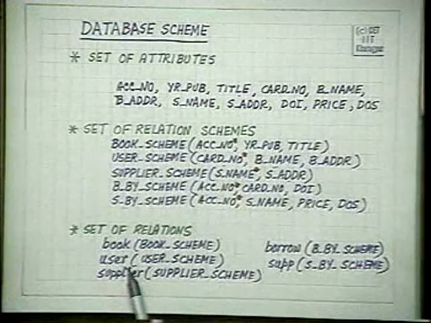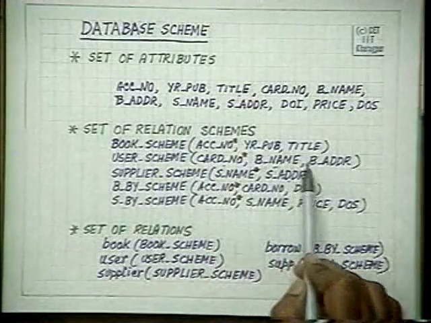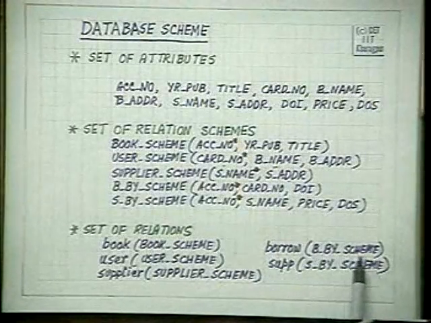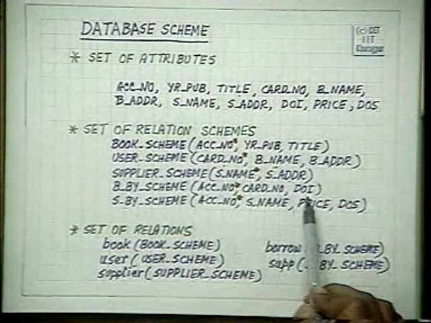So let us go back to 2 of our own relations. The user relation, which has card number, borrower's name, and borrower's address, and the borrow relation from the borrowed by scheme, which has accession number, card number, and date of issue.